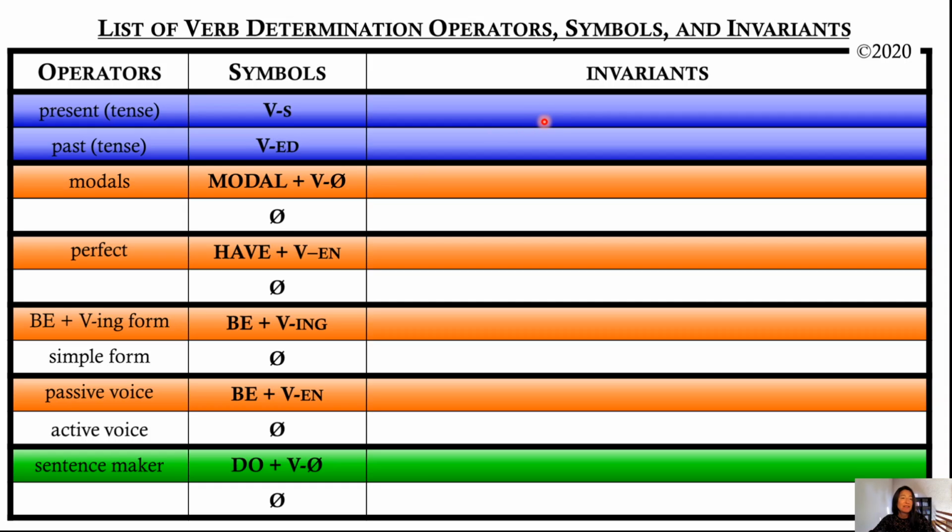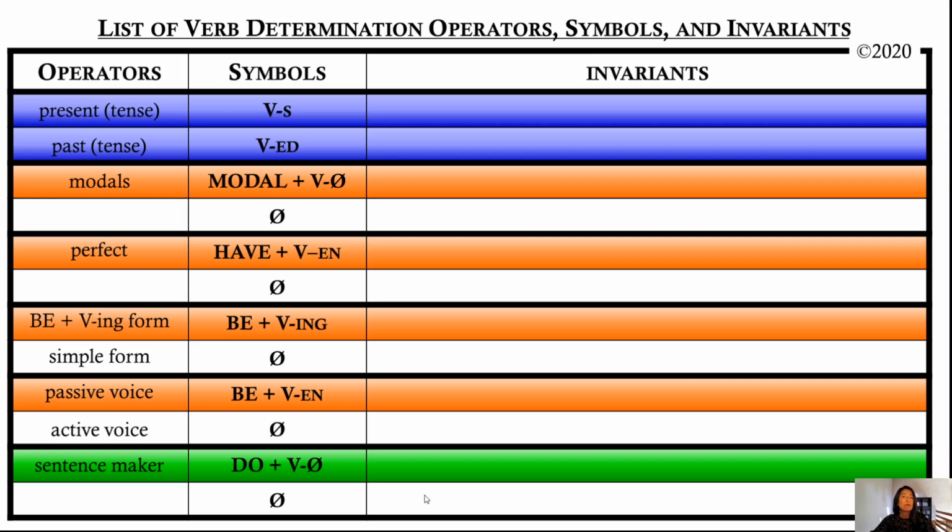As regards the meaning of those operators, the meaning will be presented later on, and in this video we're focusing on how to create the different verb forms that exist in English. So basically, I want to make a sentence in English and I need to put a verb in it.